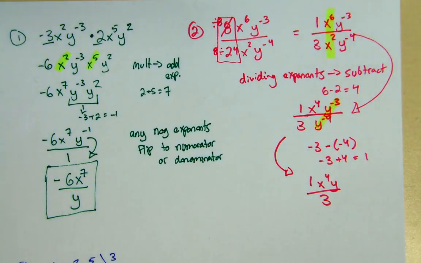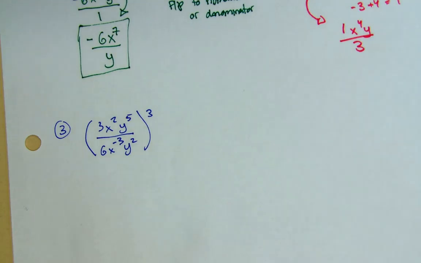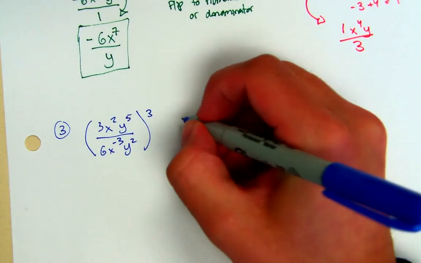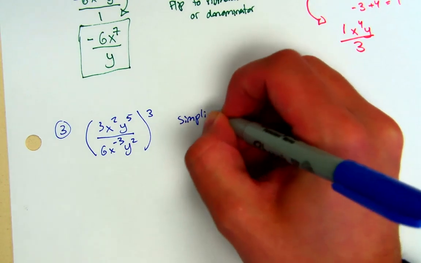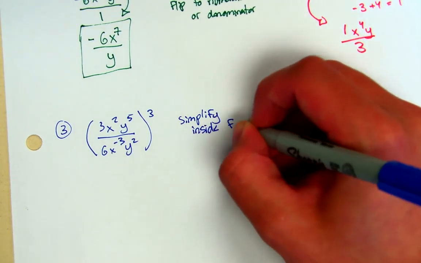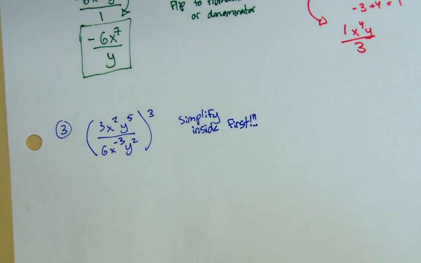Alright, and let's go to the last example. This is often one of the trickiest ones. Whenever you have a whole expression raised to a power, simplify inside first. It will make it so much easier.